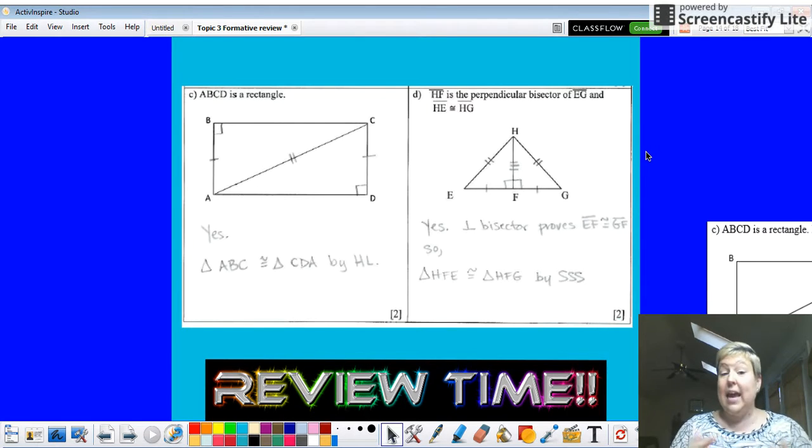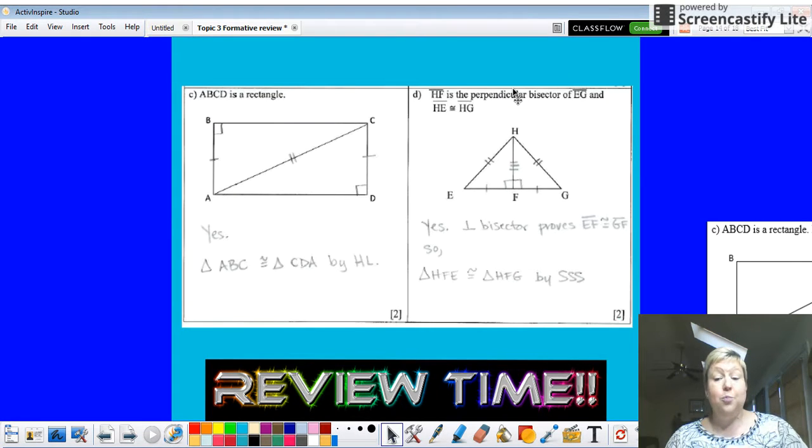So in C and in D, if you think about it, there are different ways to prove it. In C, just going back for a second, if you had that BC was congruent to AD, and so you use side, side, side, that is correct. That's another way to prove it. Here in this one, if I see that FH is congruent to FH by reflexive, then yes, I'm going to have side, side, side. So this time I wrote yes.